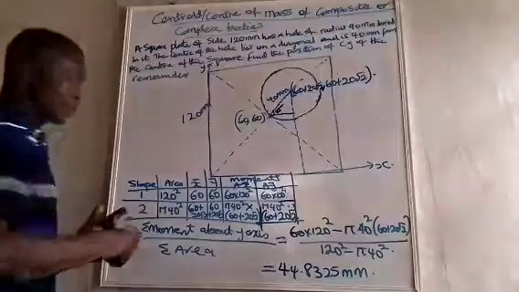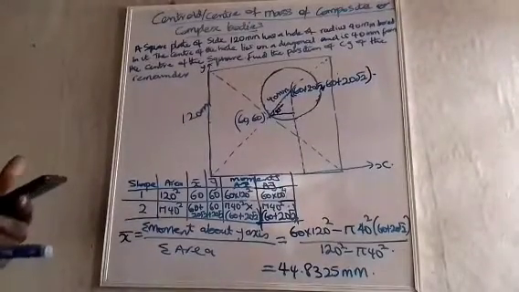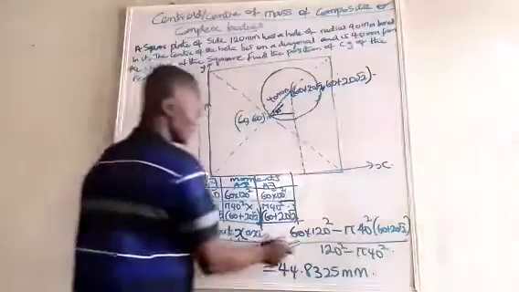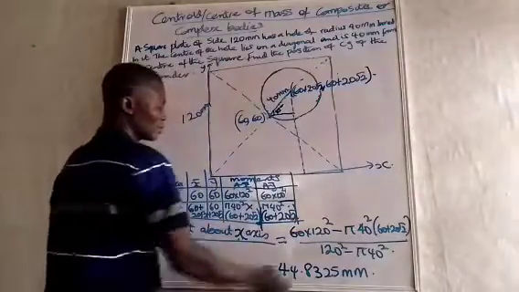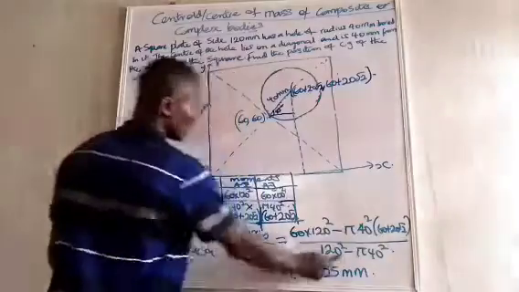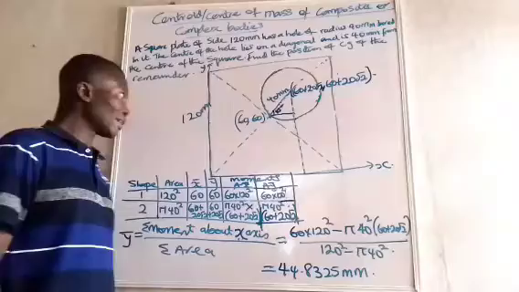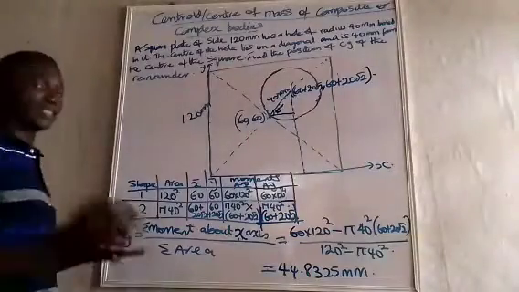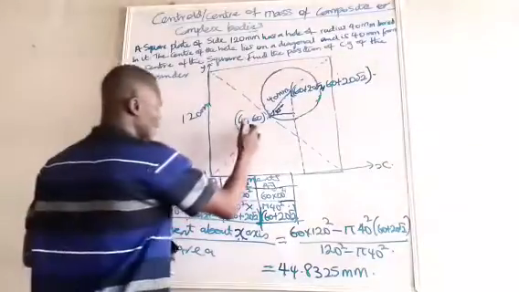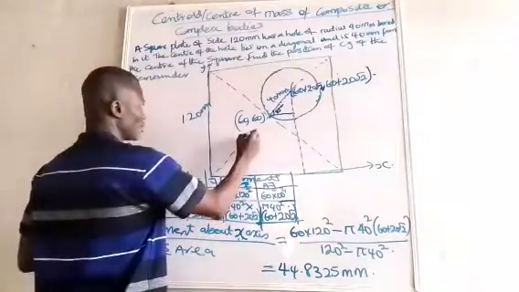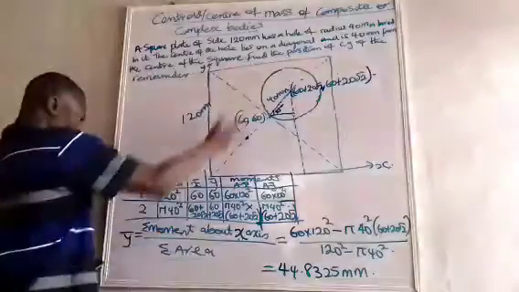Let's find y as well. For y, it's the same thing: 60 times 120 squared minus pi 40 squared, over 120 squared minus pi 40 squared. So it gives me 44.8325 as well. Which means this new centroid is going to be around here, and it's even on the diagonal.